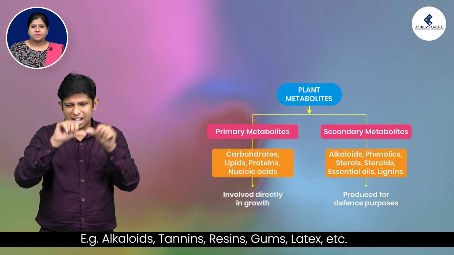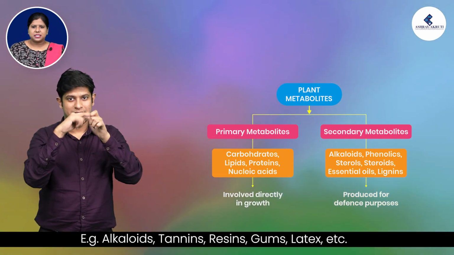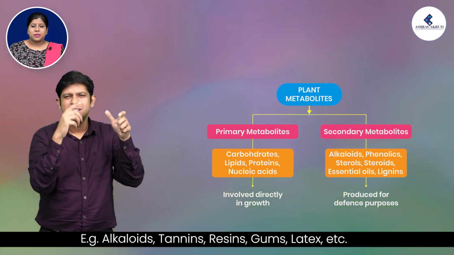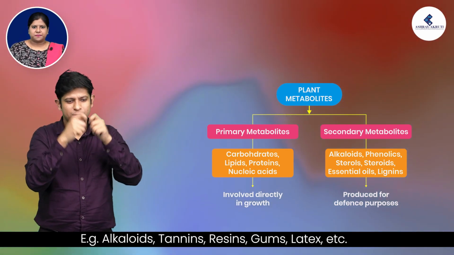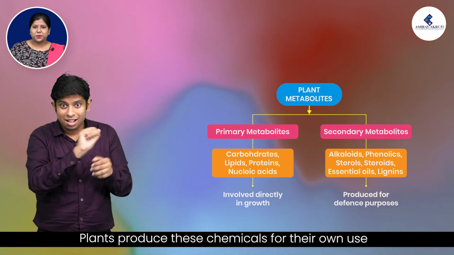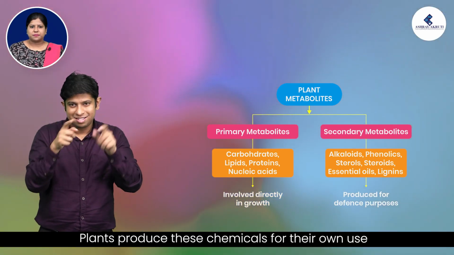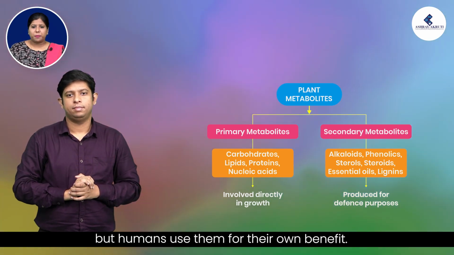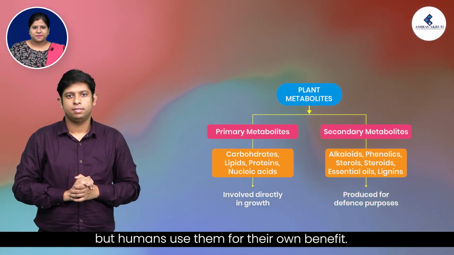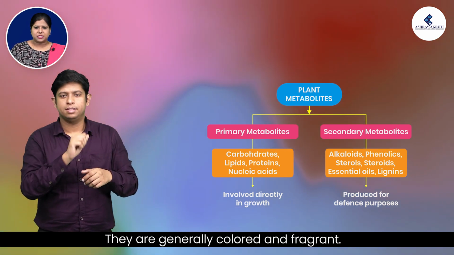Example: alkaloids, tannins, resins, gums, latex, etc. Plants produce these chemicals for their own use, but humans use them for their own benefit. These are generally colored and fragrant.